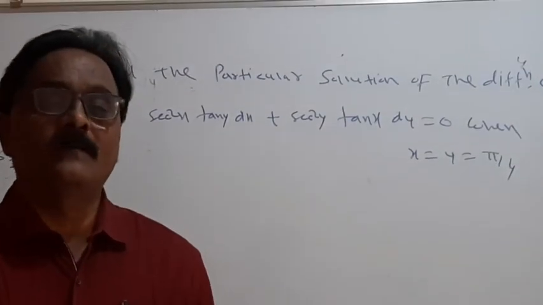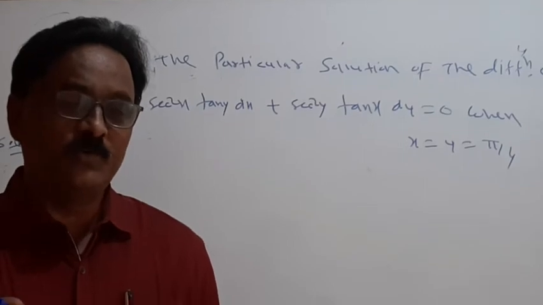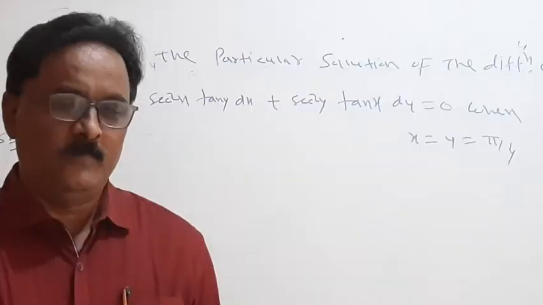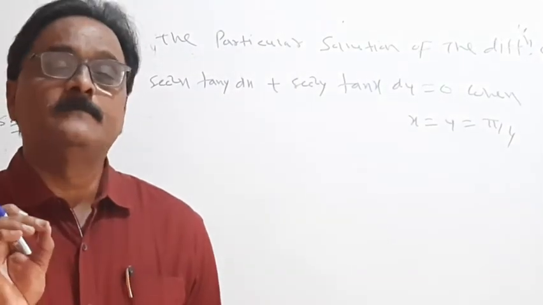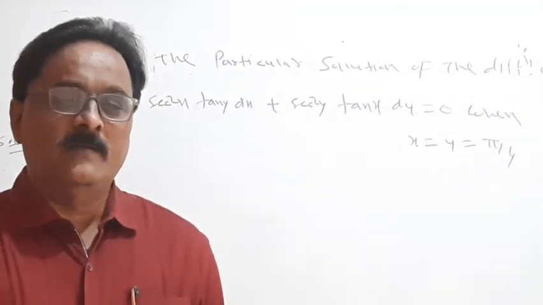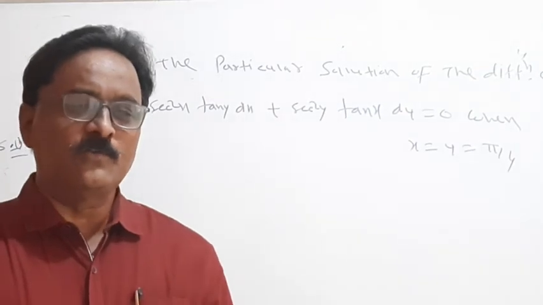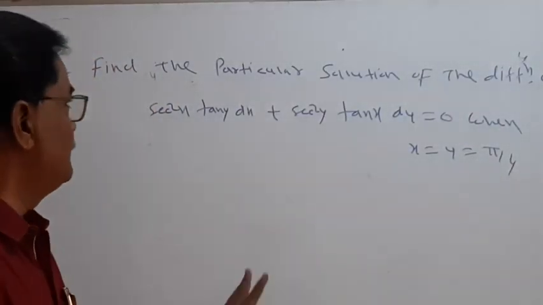Now, find the particular solution of the differential equation. We have already solved the differential equation with the general solution. We have to find the particular solution, where particular values are given.